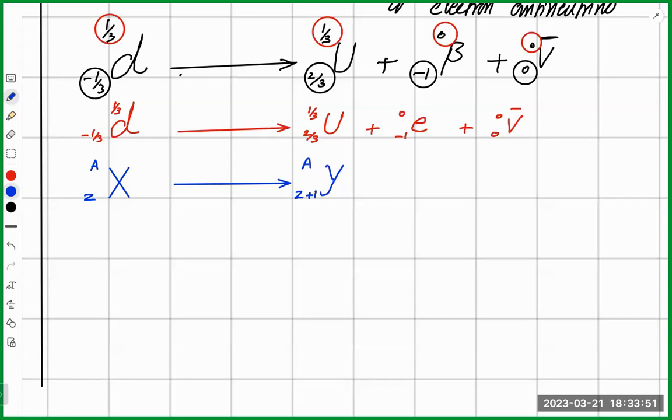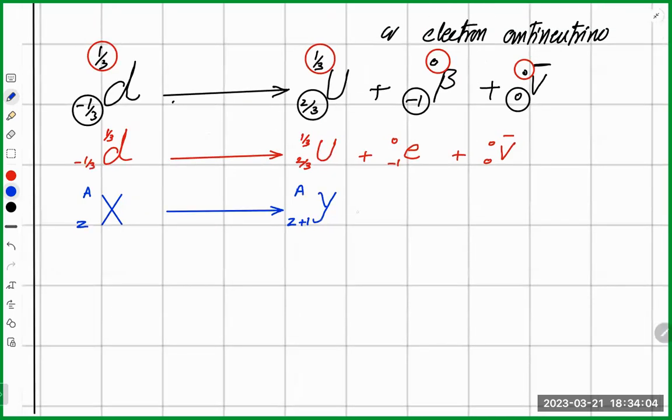So when a neutron converts to a proton, the proton number should increase by 1, and the neutron number should decrease by 1. So total mass stays the same, but the charge becomes Z plus 1 from Z, plus a beta particle 0 minus 1, plus an anti-neutrino.